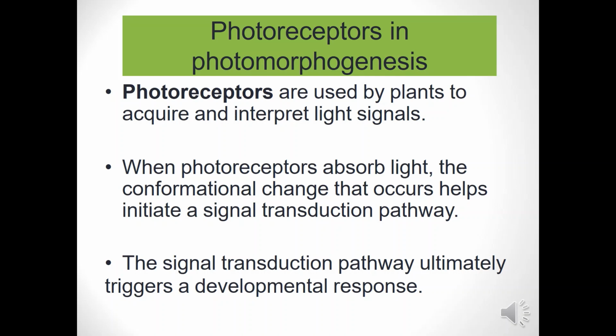Signal transduction pathway means it will initiate the next process so the plant is able to develop. This signal transduction pathway ultimately will trigger a developmental response, for example seed development or seed germination.